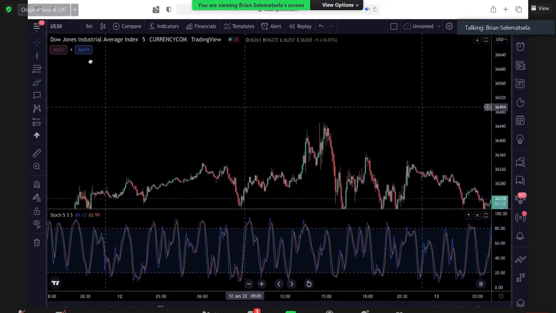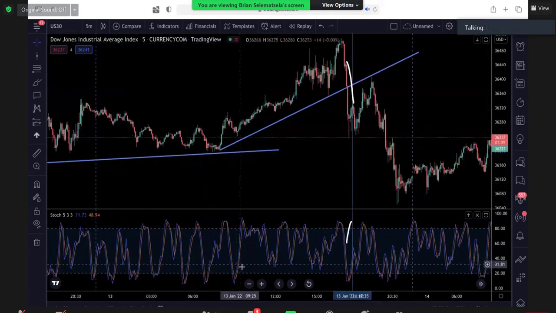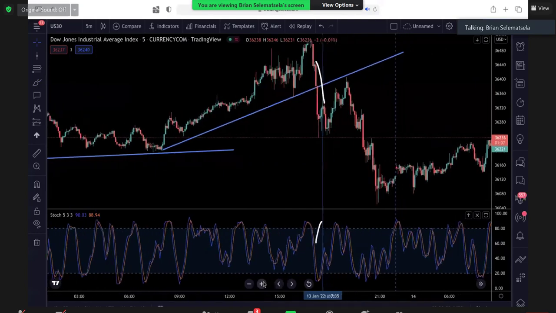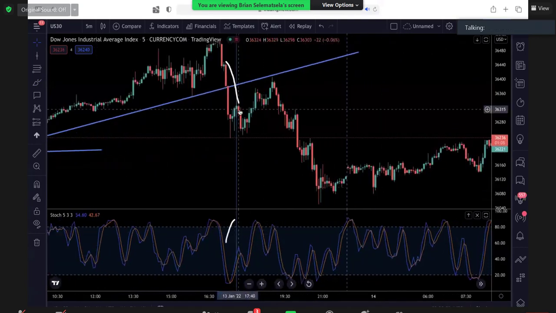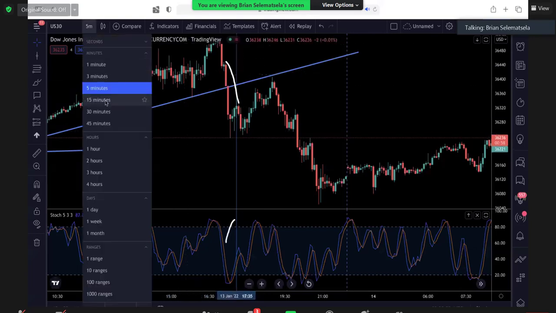Even though there is a full clear divergence, the same technique works. And yeah, after the crossing over there, it decides to sell there.